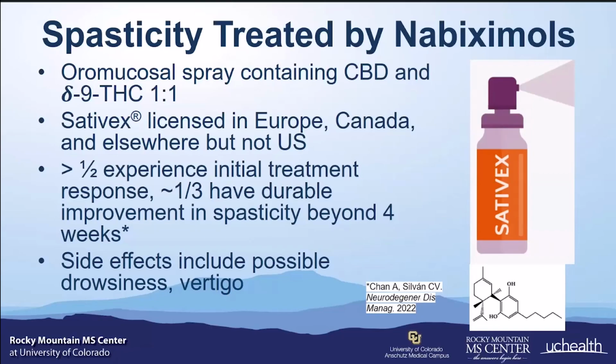In this long-term study, they looked at folks who were treated with Sativex, this mix of CBD and THC, and they found that about half experienced an initial treatment response, with about a third having a more durable improvement in their spasticity beyond 4 weeks, with side effects including potential drowsiness and vertigo.